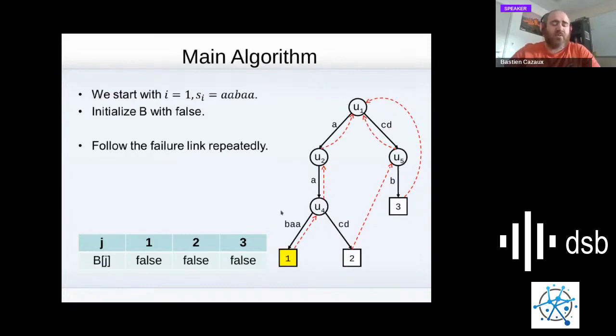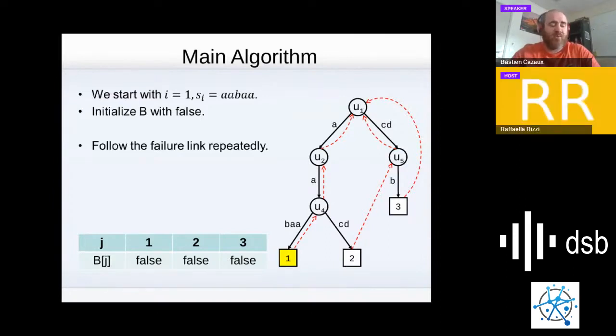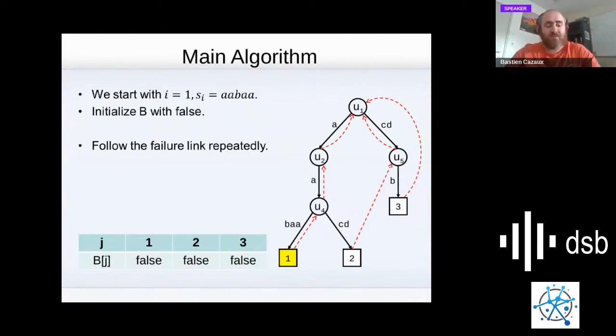So for 1, we use B, and the length is of size 3 because it's the number of leaves that you have. And B just stores whether we have already found a maximal overlap from 1 to 1, to 2, or to 3.